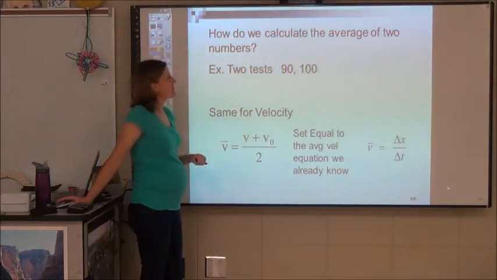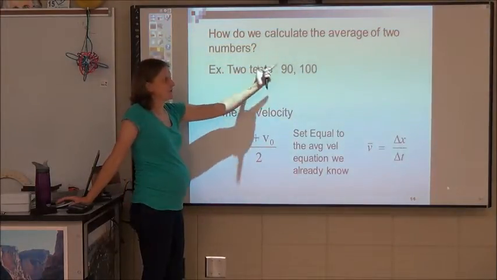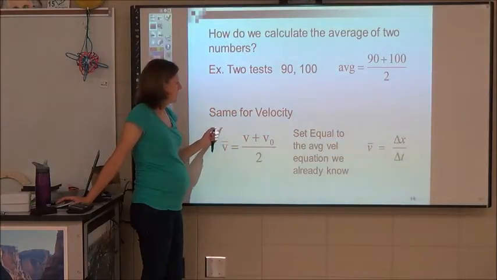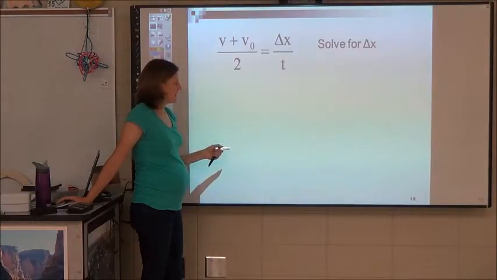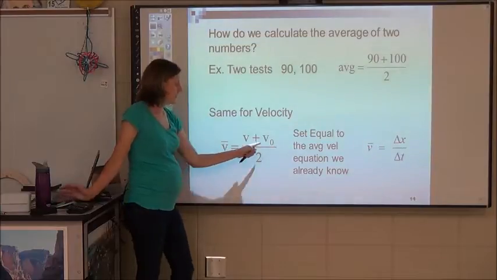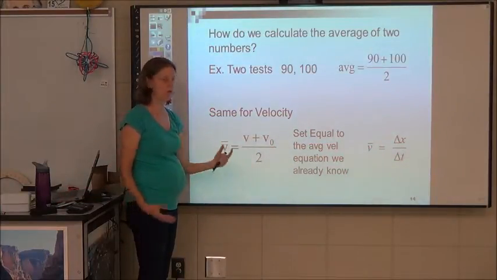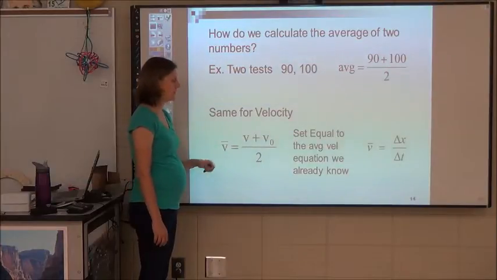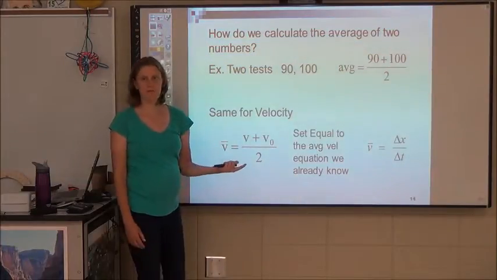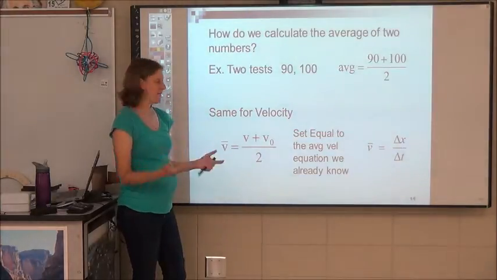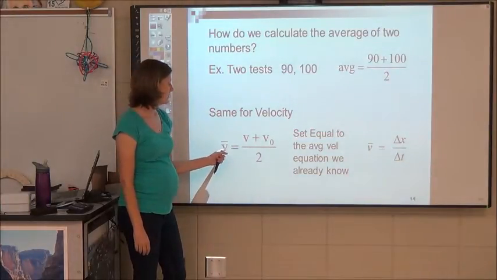How do we calculate the average of two numbers? Okay, if I have two test grades that are 90 and 100, I add them up divided by 2. So for average velocity, if you know your initial and final velocity, you could add them up divided by 2. That would be your average velocity. If I started at 50 miles per hour, I ended at 100 miles per hour, my average was 75.